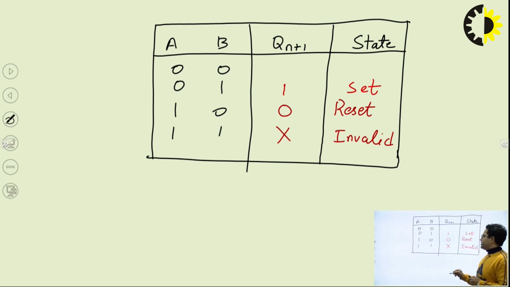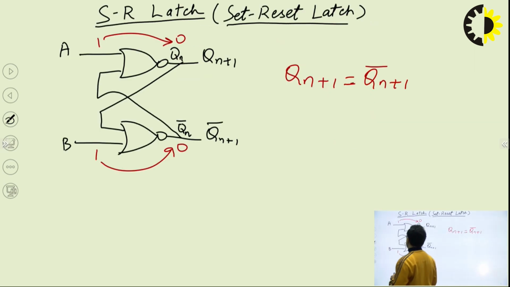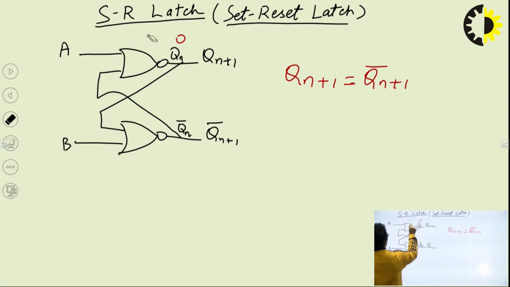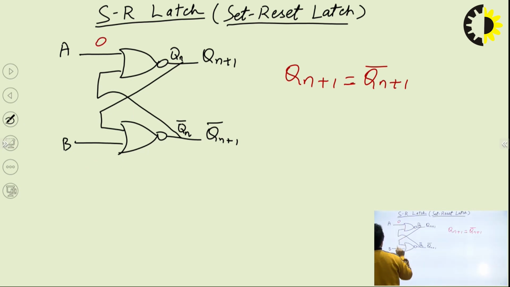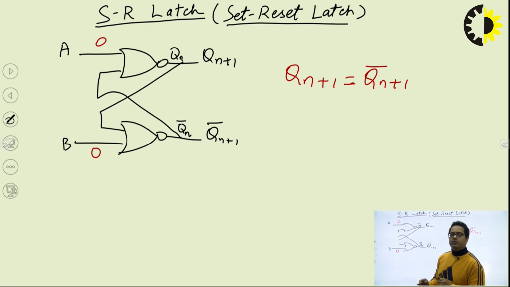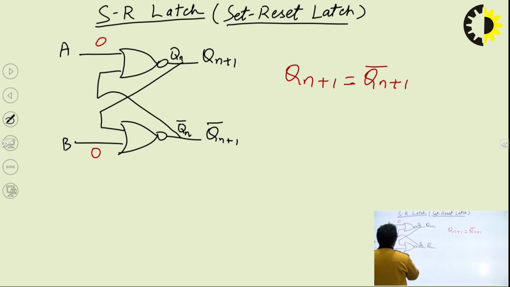Similarly, the first case is left, that is 0, 0. So let us try to visualize that case also. Both the inputs are 0, 0. In this case, in order to get the output, we have to be very careful. Suppose I am considering this first term, that is 0. With this 0, I am giving first terminal input as 0, and here we are getting Qn complement.